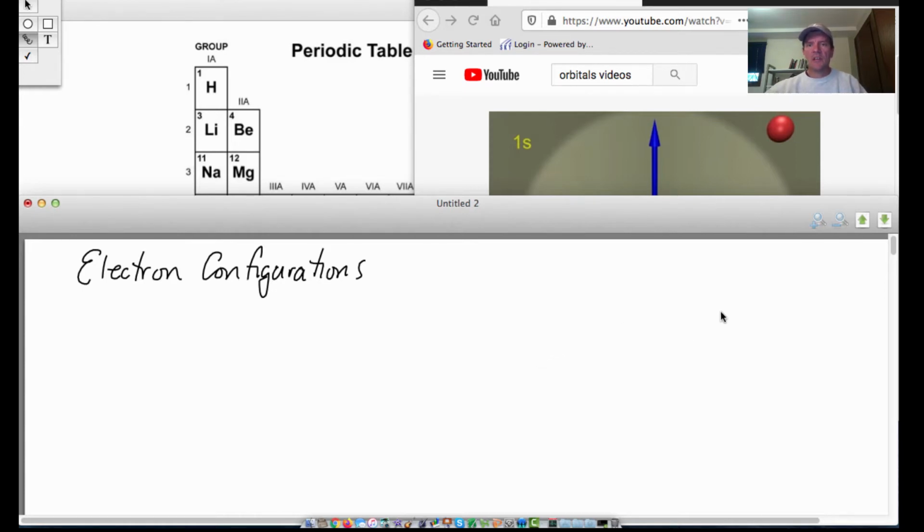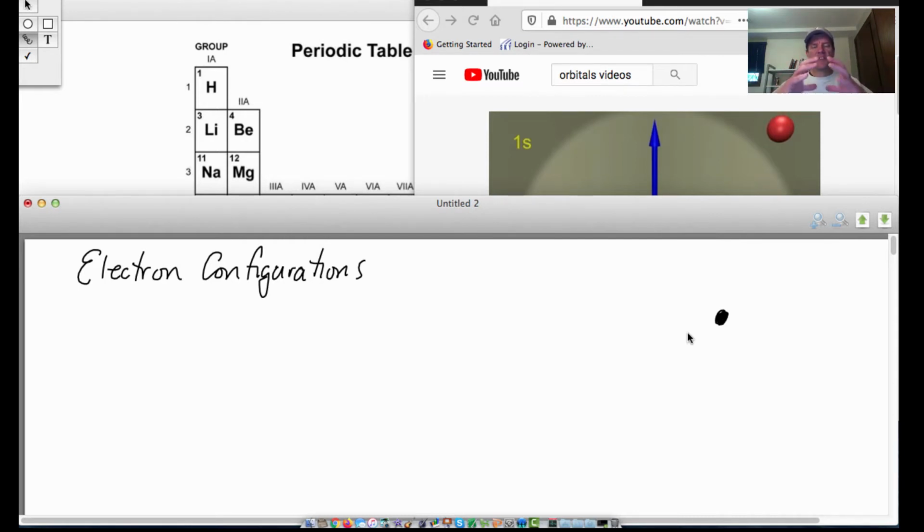So let's say we have an atom, and this is going to represent the nucleus. And we know the electrons are going to be around that nucleus somewhere. We also know from experiments that were done using how light interacts with the electrons of a metal, and those electrons were excited when a certain amount of light, a certain amount of energy hit them, and only when a certain amount of energy hit them.